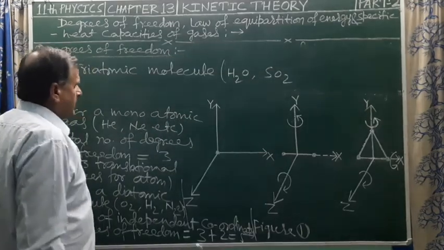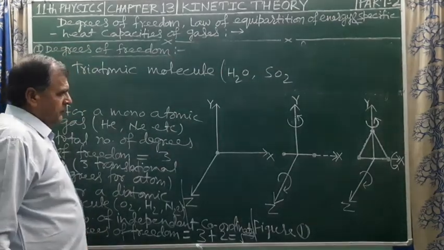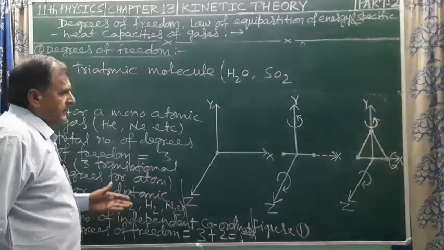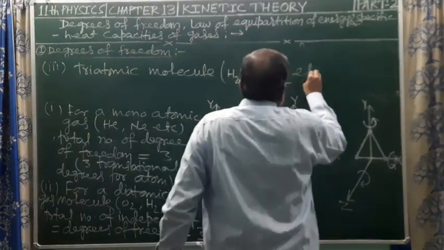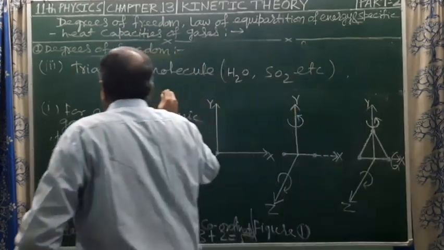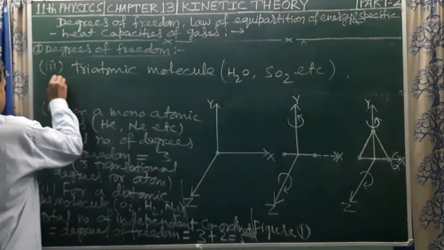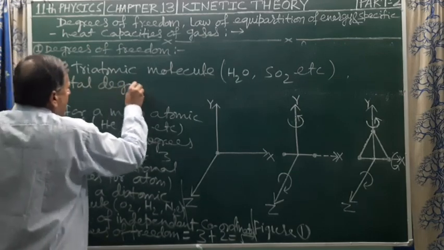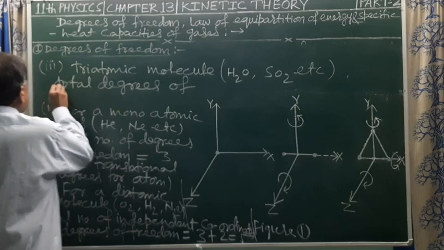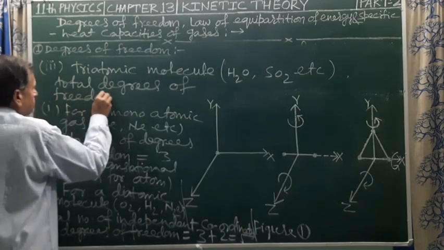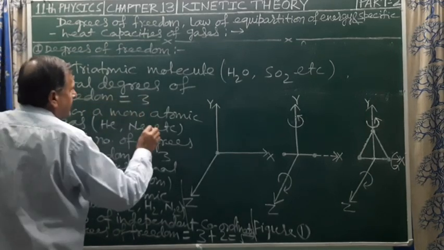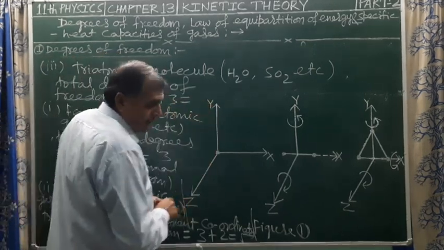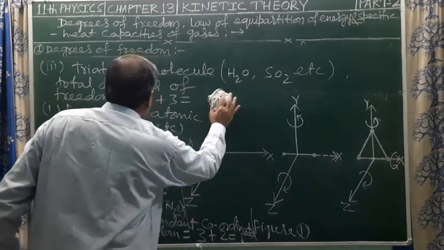A triatomic molecule, for example H2O, SO2, etc. Total degrees of freedom, that is the total number of independent coordinates, equals 3 translational plus 3 rotational coordinates.